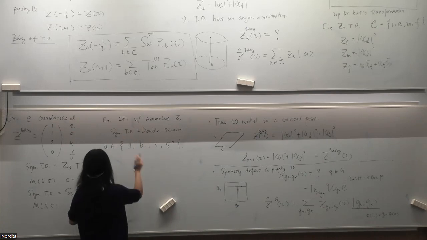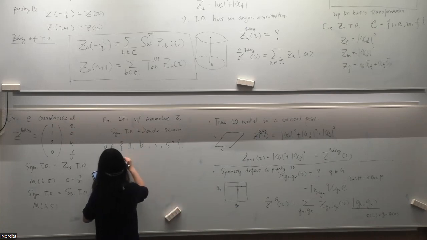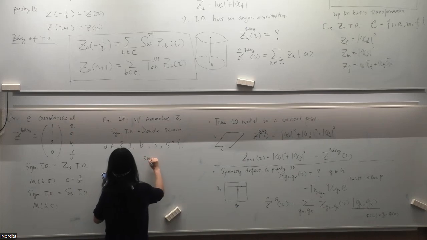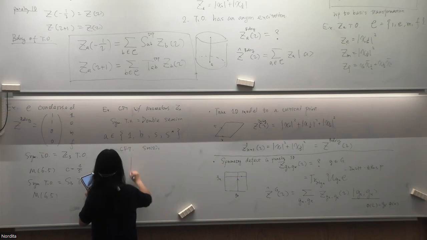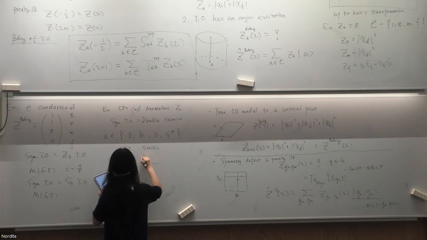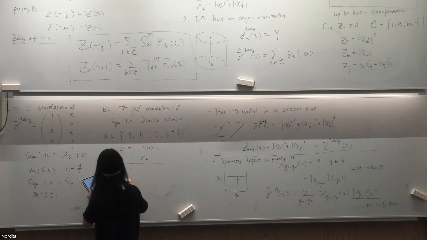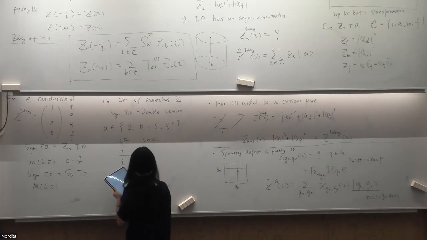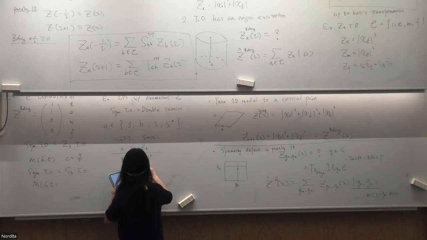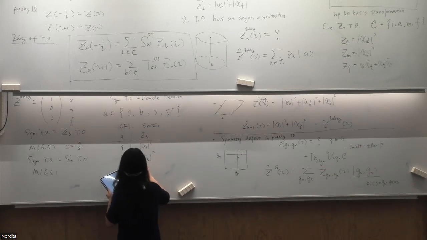Just by solving that equation, we can find that this CFT can be the SU2 level 1 CFT. In terms of the vector partition function, it's like this. This CFT only has 2 primary fields, including the vacuum. And the light spectrum is like this.